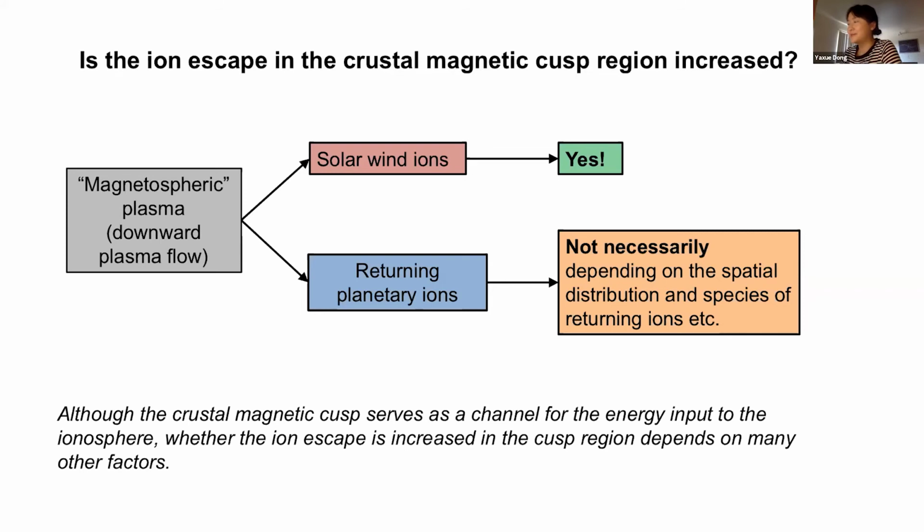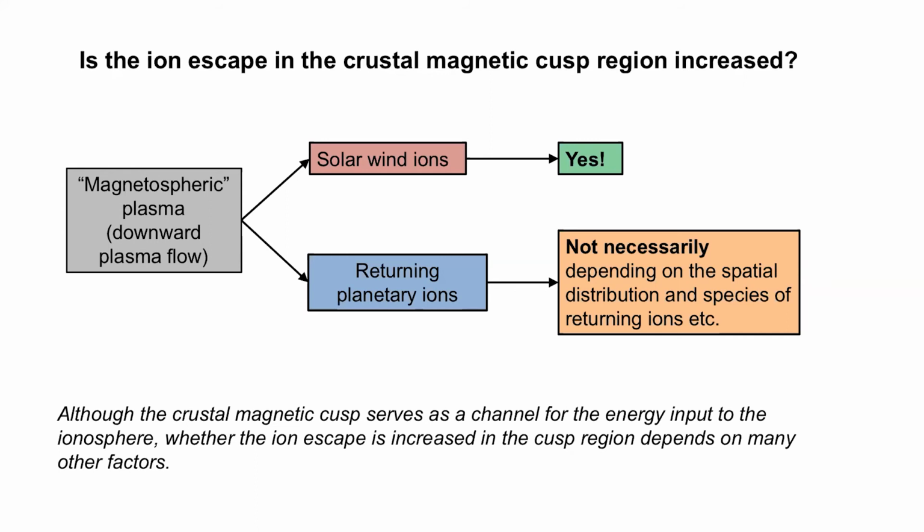And also if these returning planetary ion fluxes are not specifically associated with the cusp region, and randomly occur everywhere, then compared to those regions without a cusp field, in the cusp region, because of the buildup of potential drop, it does increase the escape of other ionospheric ions.